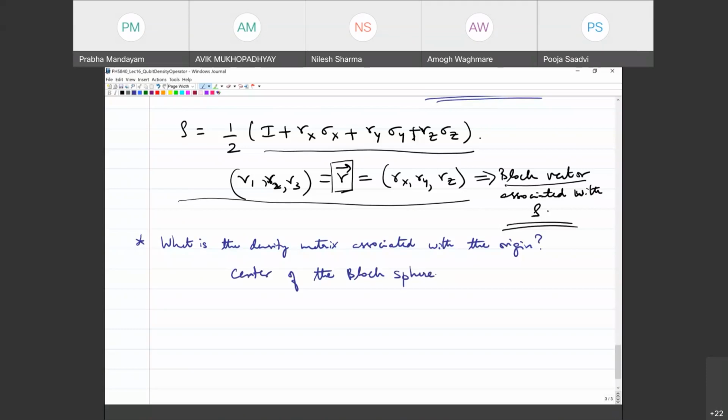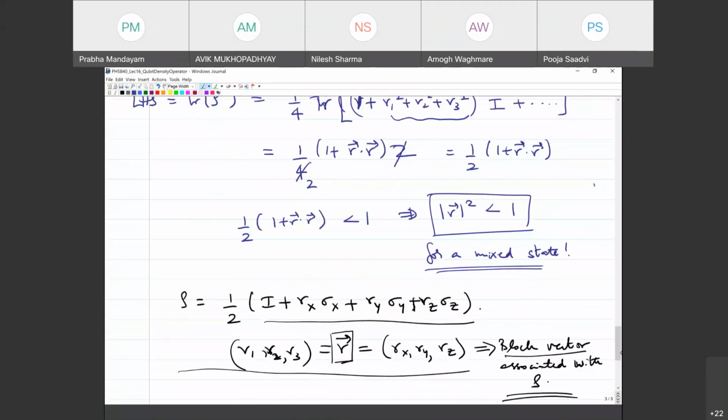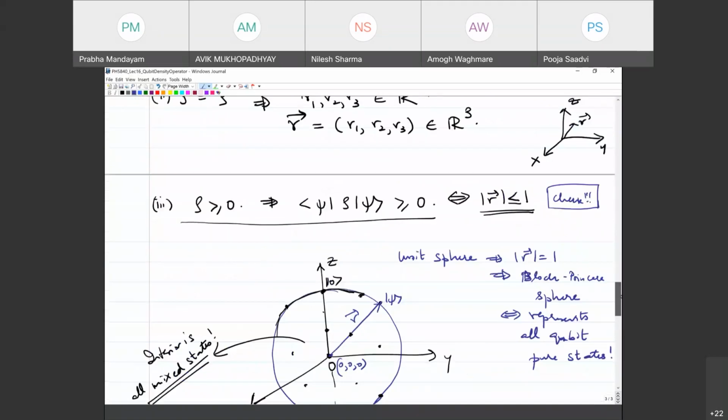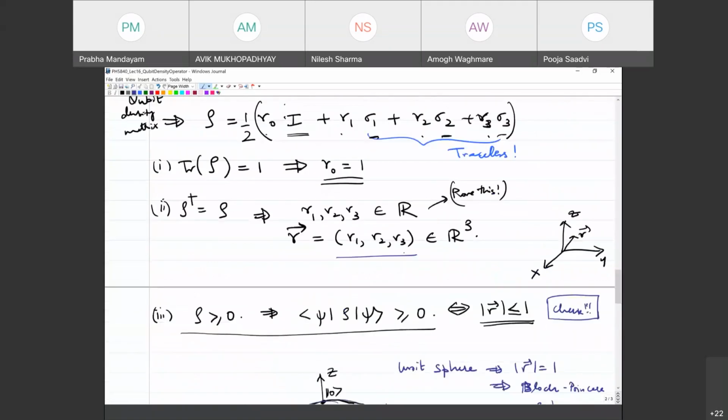Indeed. So the center of the Bloch sphere is basically the state where Rx, Ry, Rz all vanish, right? So it's the 0, 0, 0 point. All of these are 0, so all your sigmas go away, and I'm simply left with I by 2.